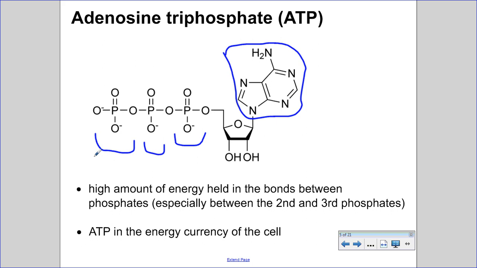That's where the triphosphate comes from. Now, there is a high amount of energy held in the bonds between the second phosphate and the third phosphate. So cleaving the bond between the second and third phosphate releases energy. And so for this reason, ATP is considered the energy currency of the cell.